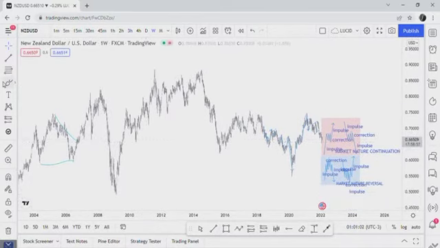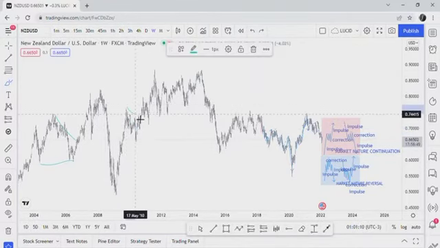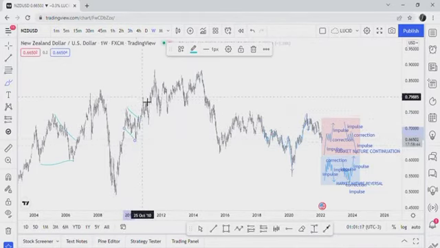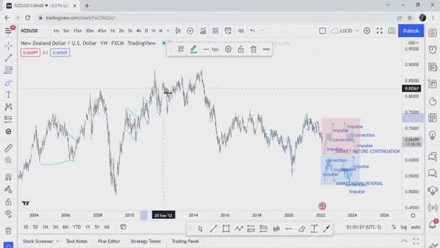then we had this huge impulse, then a correction here, this impulse correction here, impulse correction here, impulse.